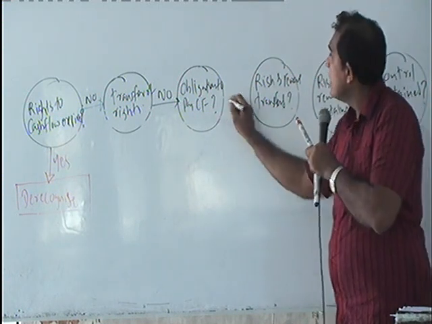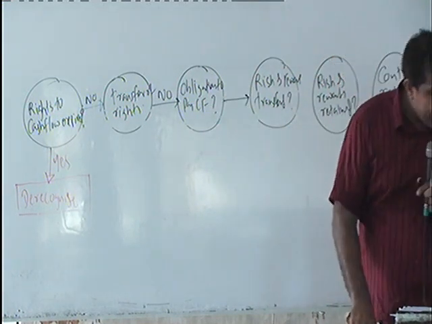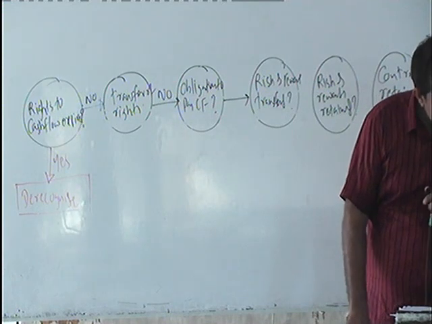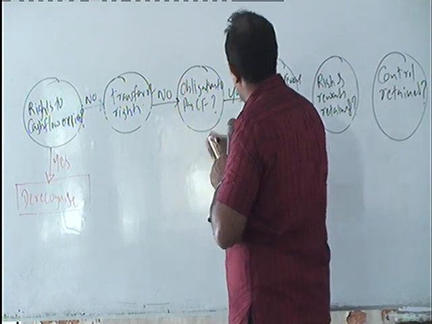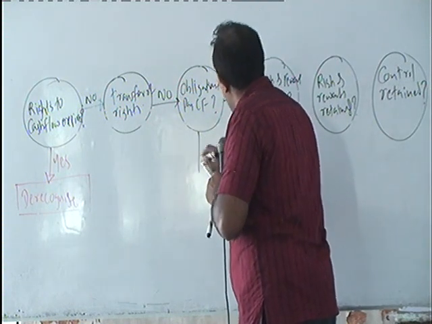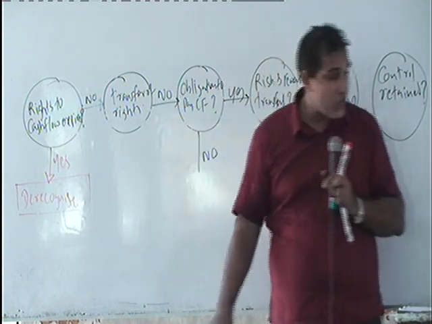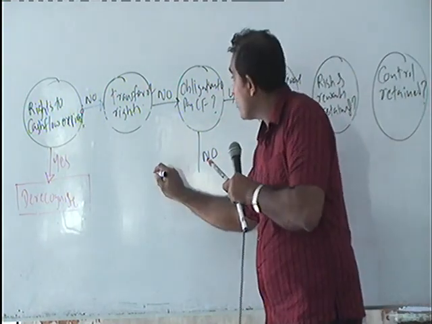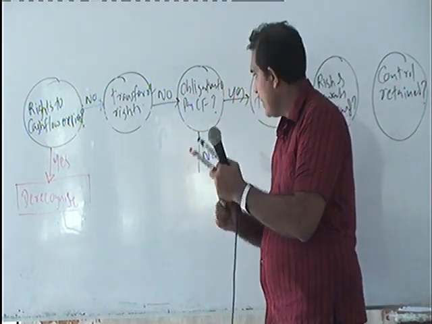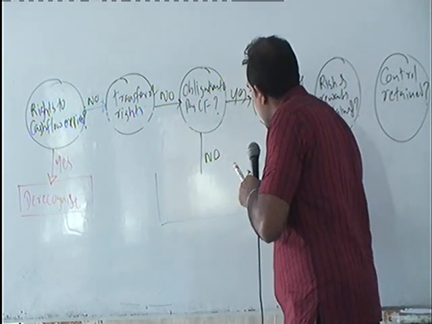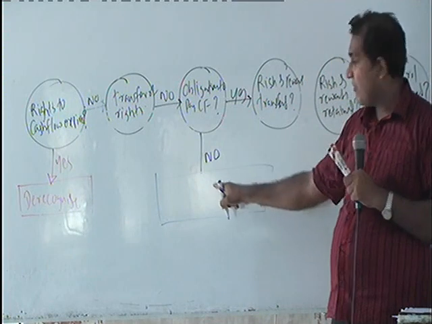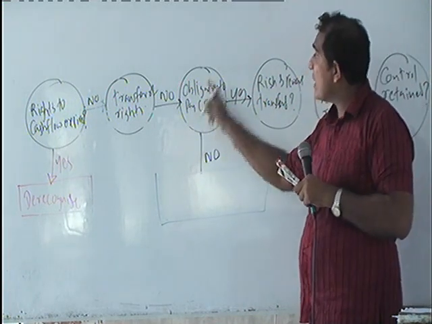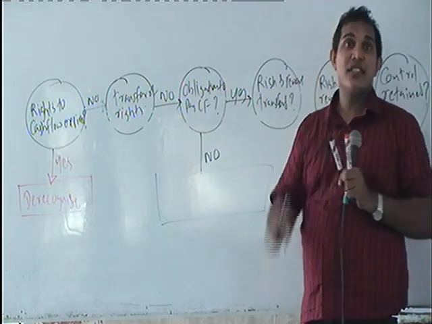Let's say, if yes... on this side, no. There is no obligation to pay cash flows. I use blue color. What would be the answer here? There is no such obligation to pay cash flows.